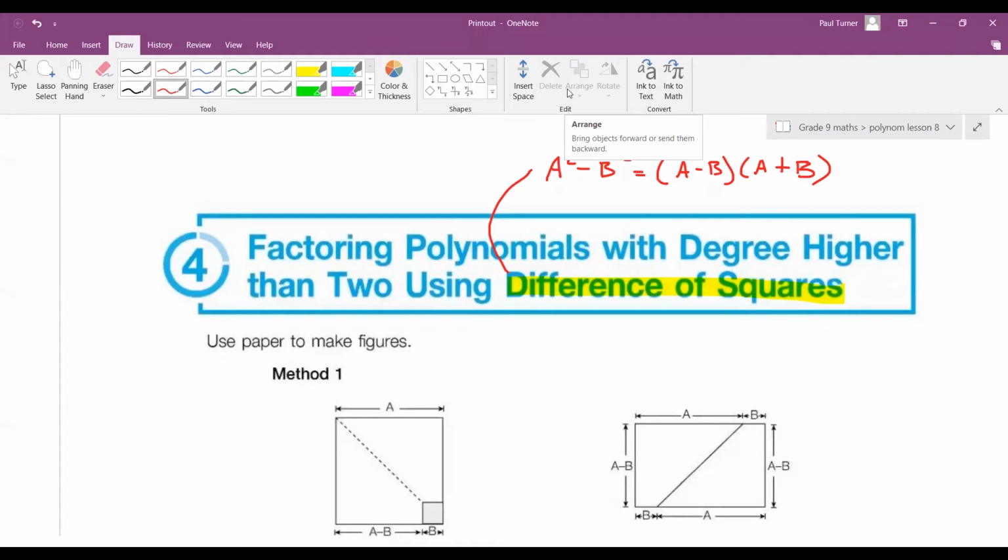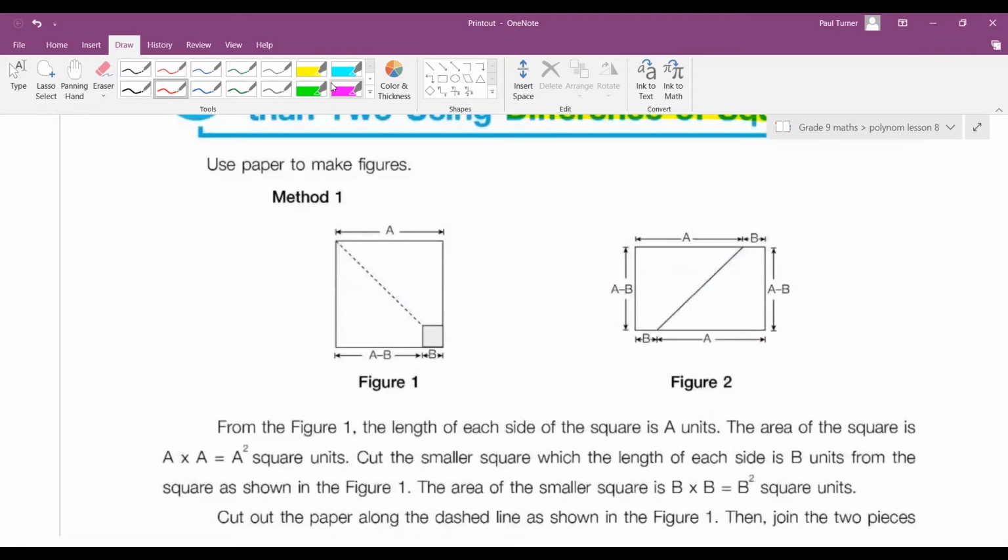There's two ways you can look at that, like using a diagram. Expanding, you'll get the answer, but we can use a diagram. So for example, if we have this square, we can see the length is a and this length is a as well.